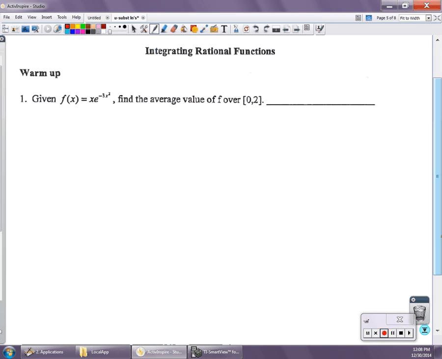In this warm-up, we've been given a function, and we're to find the average value of this function from 0 to 2. We know that to find average value, we're going to evaluate 1 over b minus a, because when we find an average, we divide by the amount of, quote, stuff that we have. So this is going to be the division. We're going to accumulate the area from a to b of f of x dx, which is the same thing.